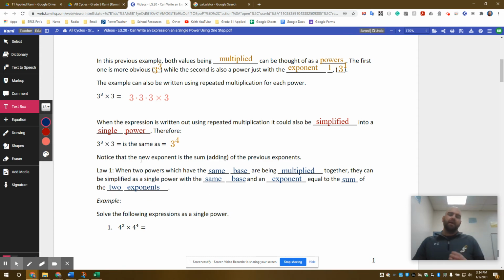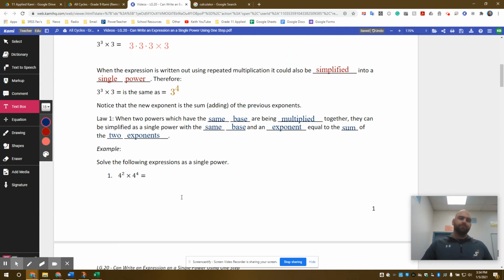So we'll notice here that 3 cubed times 3 is the same as 3 to the power of 4. The base is exactly the same, both have a base of 3. This one has an exponent of 3, this one has an exponent of 1, and we add that together to get 4.